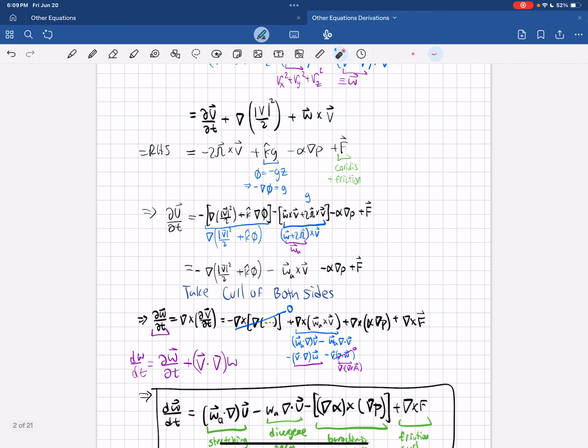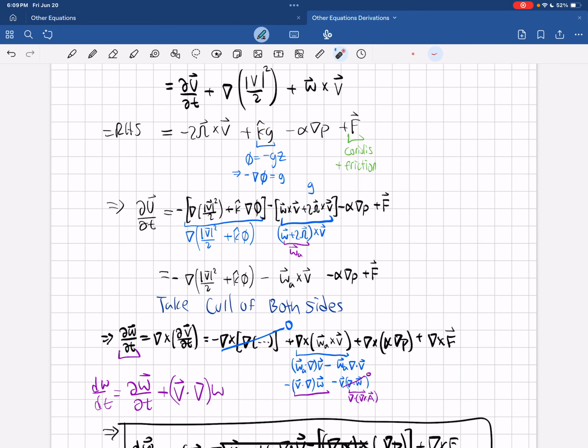Now I just moved some things around. I put this on the left-hand side and subtracted these, so now everything's on one term. I combined this term and this gravity term with a little math trick: you invent the geopotential, which is g times z.